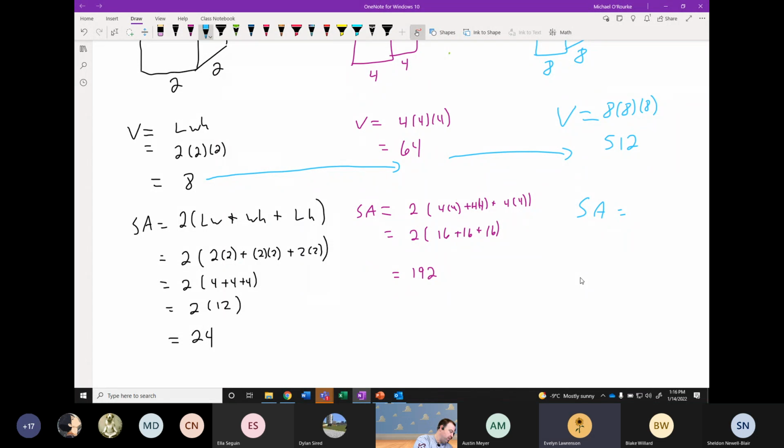Do we have a seconder on 384? Okay, good. Now I want to see, do you see a pattern between these numbers?